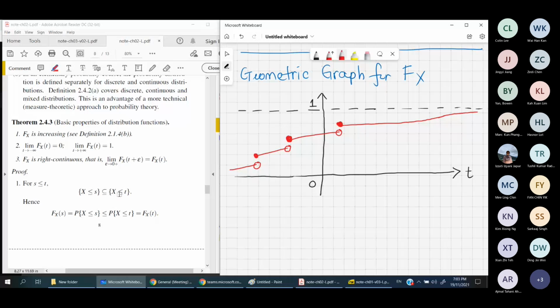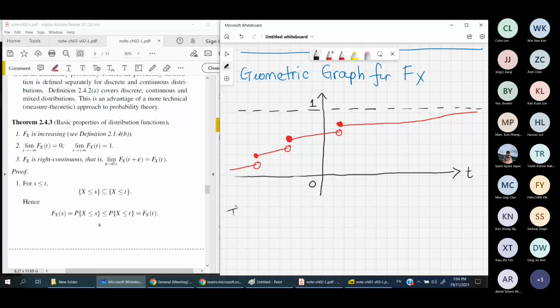This one must be a subset of this. Whenever s is less than or equal to t, then P of this must be less than or equal to this. Because this event is smaller than this event, the probability of this event must be less than or equal to the probability of this event. And by definition, this is F_X(s) and this is F_X(t). So this is what we can have.